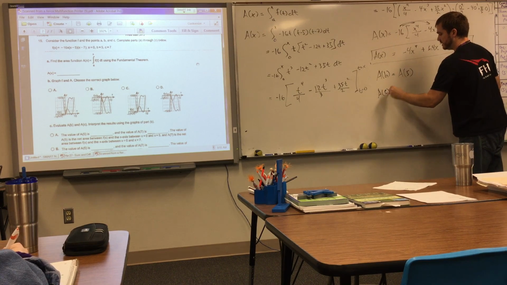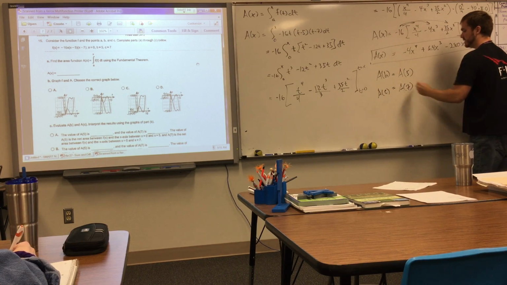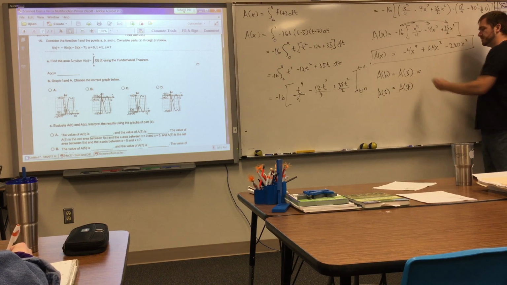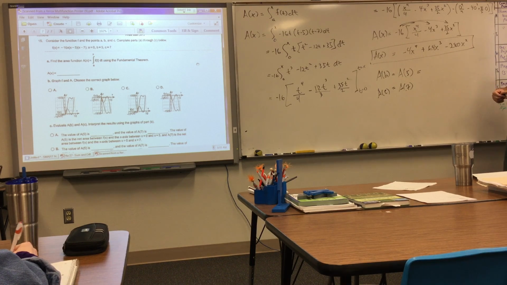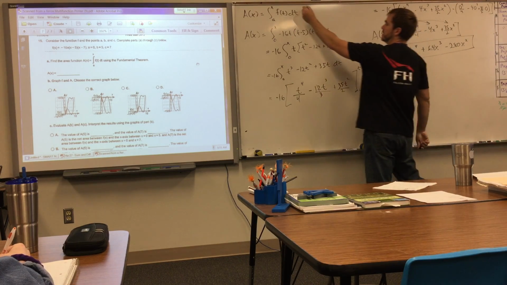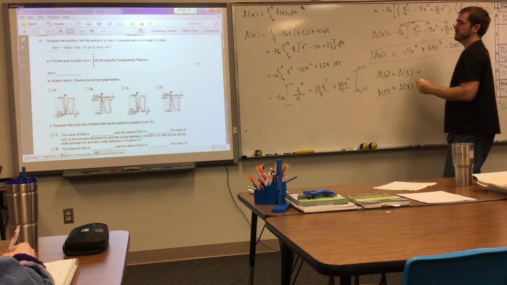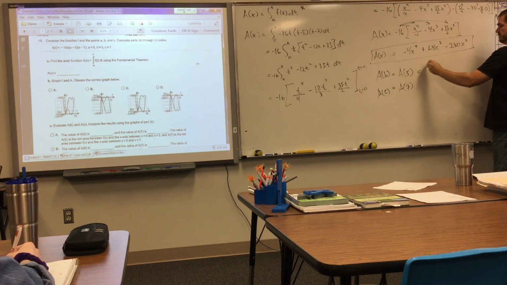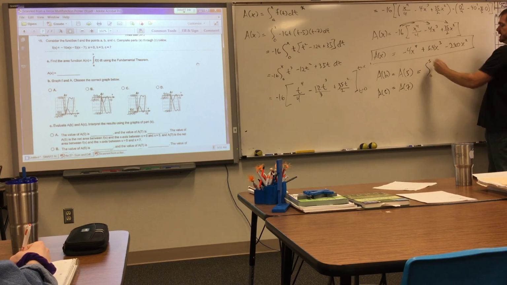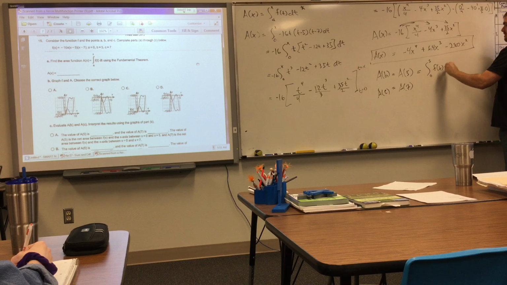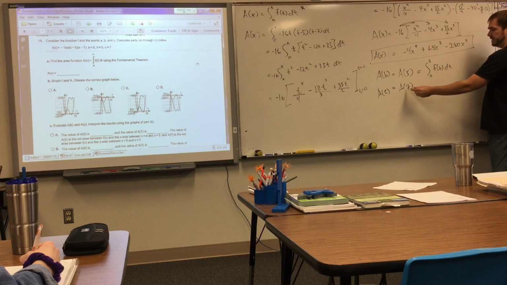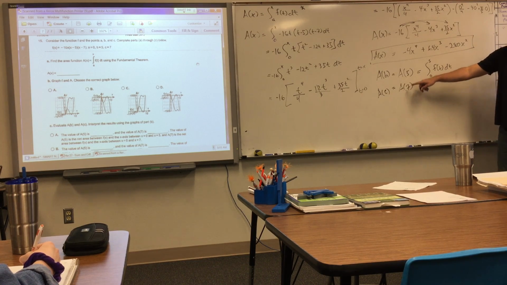And A of c means A of 7. What that would mean, if I go back to this description, that would mean the integral from 0 to 5 of f of t dt. And this one, A of 7, means I'm just plugging into 7.